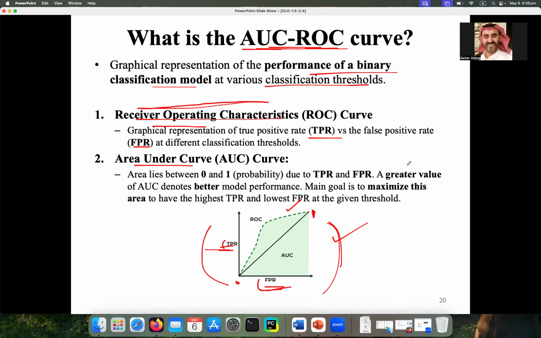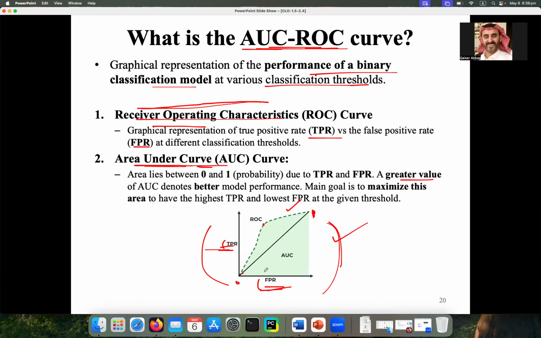And if you have a higher value of this AUC, it means your model is performing better. Our goal here is to maximize this area, by having the highest TPR and lowest FPR at this point.